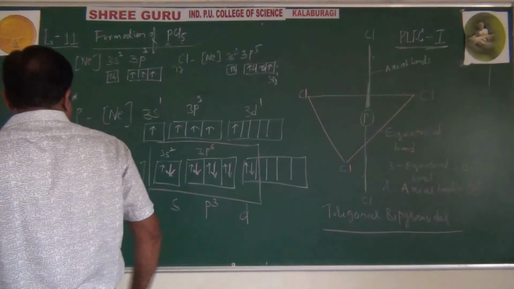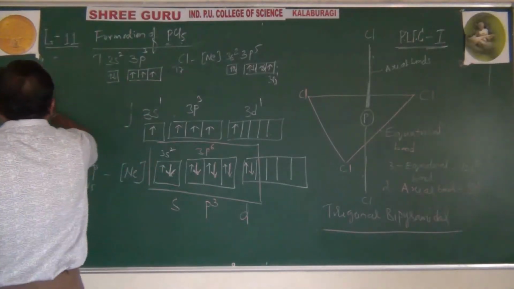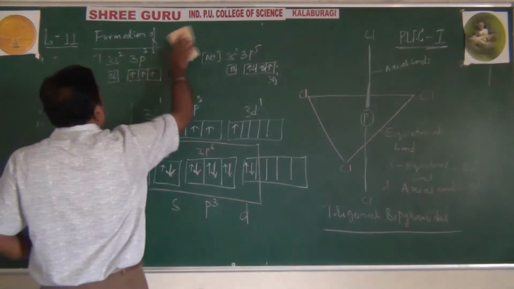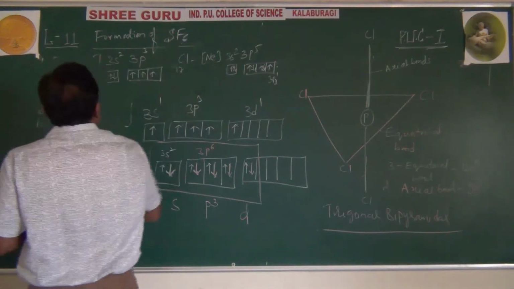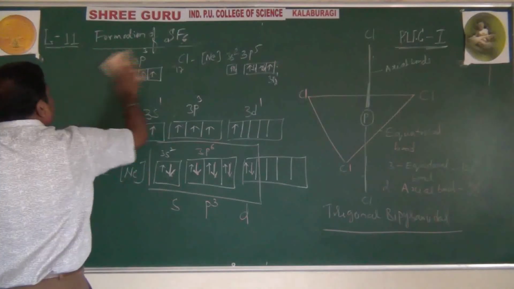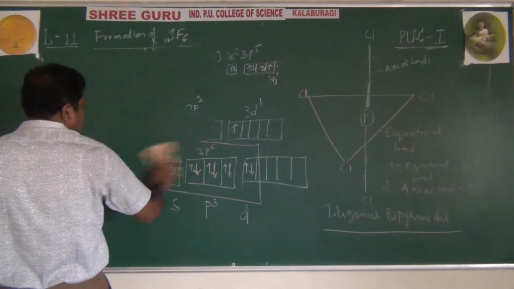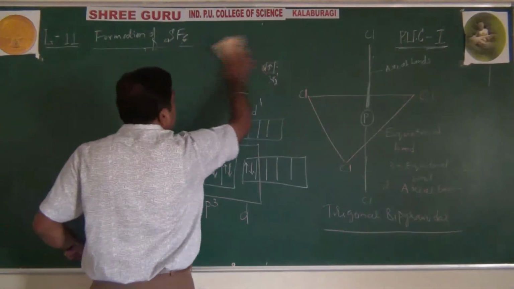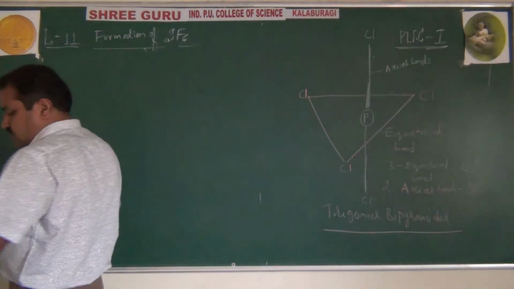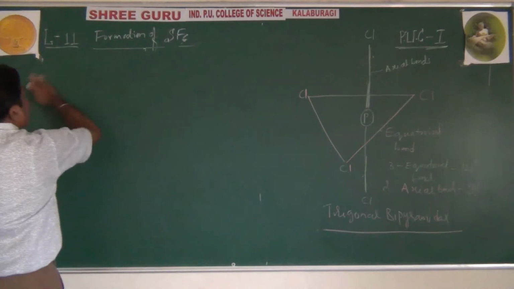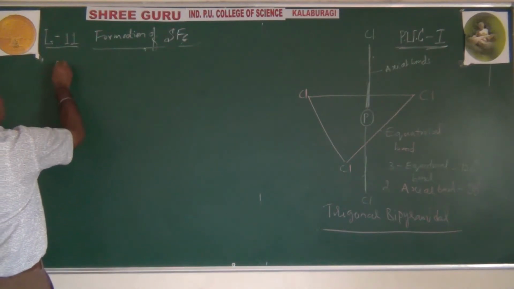So now students, I come to another formation, SF6, sulfur hexafluoride, involving d2sp3 hybridization. There is no change in the method. Now coming to d2sp3, formation of sulfur hexafluoride.